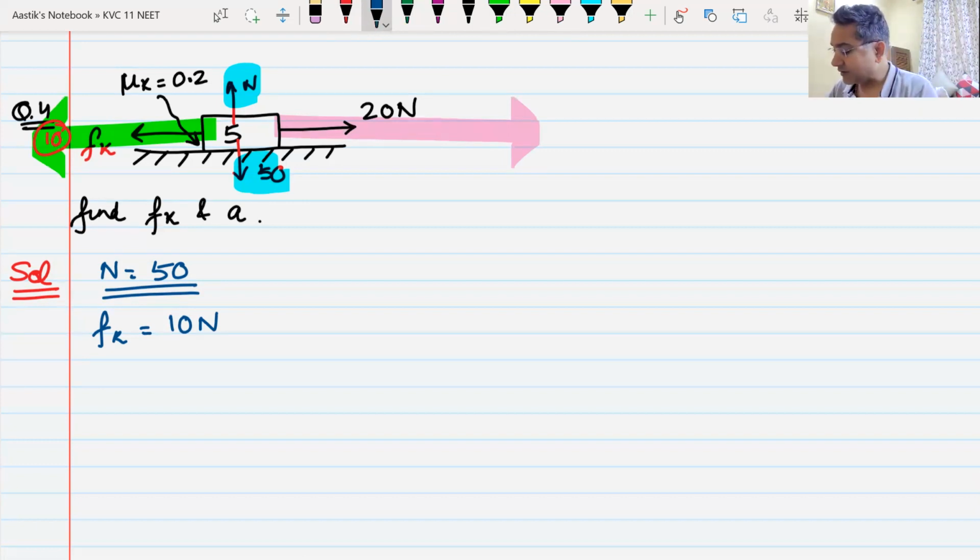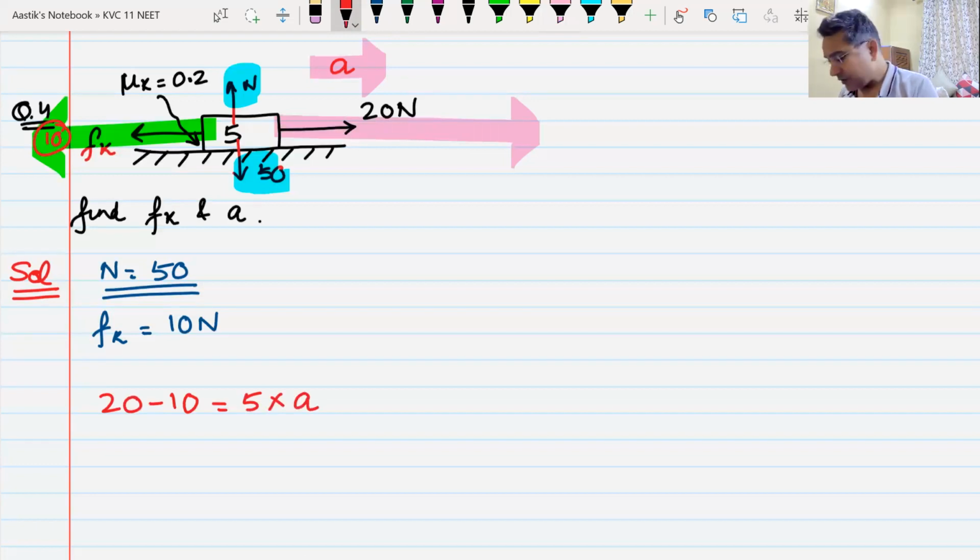In the forward direction, the body is going to move with an acceleration A. In the forward direction, the force is 20. In the reverse direction, the force is 10. 20 minus 10 should be equal to mass, which is 5, into acceleration A. From here, you will get the acceleration as 2 meter per second square.